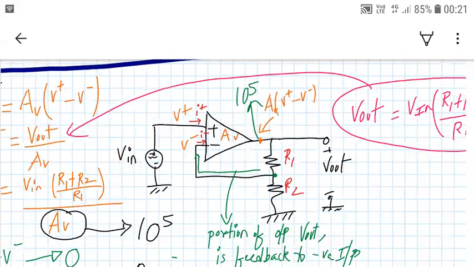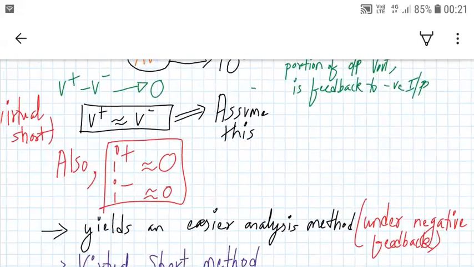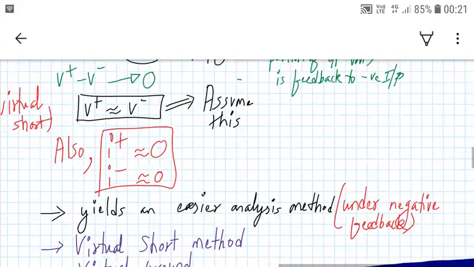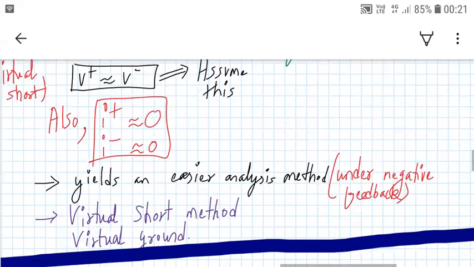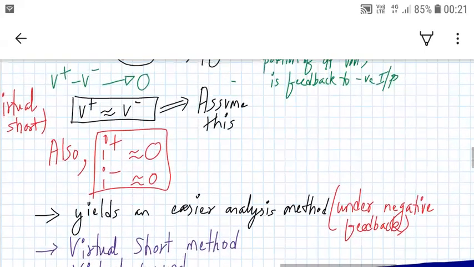What does that mean? That means that these conditions of virtual short we have derived, that is V plus approximately equal to V minus and all the stuff, will be only valid under negative feedback. So remember that this virtual short concept is only valid under negative feedback. So it will make analysis of op-amp circuits very simple.